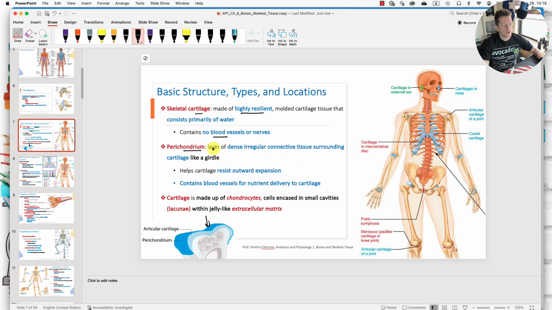Perichondrium is just a layer of dense irregular tissue. You know that, irregular, so the fibers run in different directions, and that's for the cartilage. So this cartilage is wrapped around by that dense irregular tissue, a connective tissue surrounding the cartilage like a girdle.